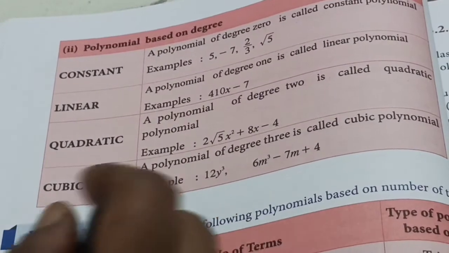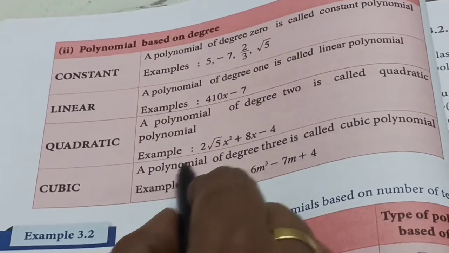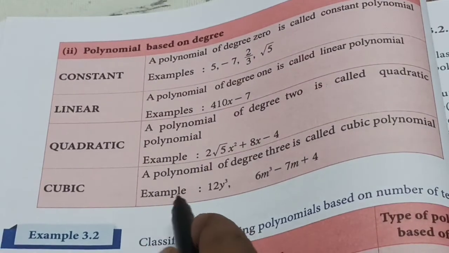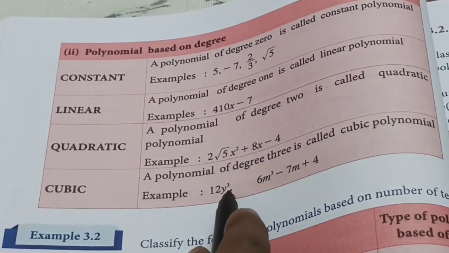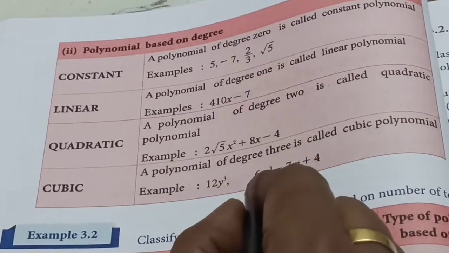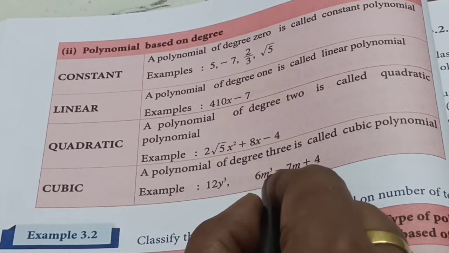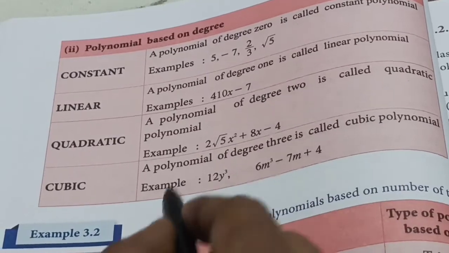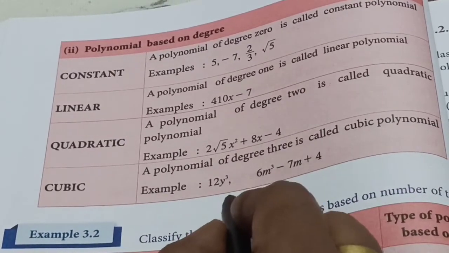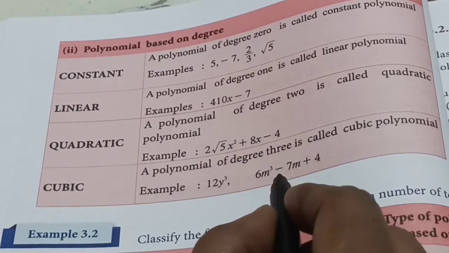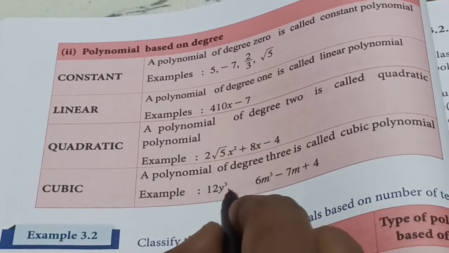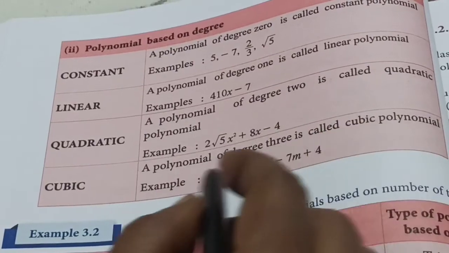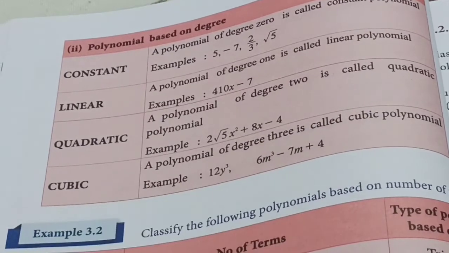Okay, then cubic polynomial. A polynomial of degree 3 is called the cubic polynomial. Degree 3: 12y cube. Then second one, 6m cube minus 7m plus 4. Or then 30 z cube plus 6. These are the examples for the cubic polynomial.